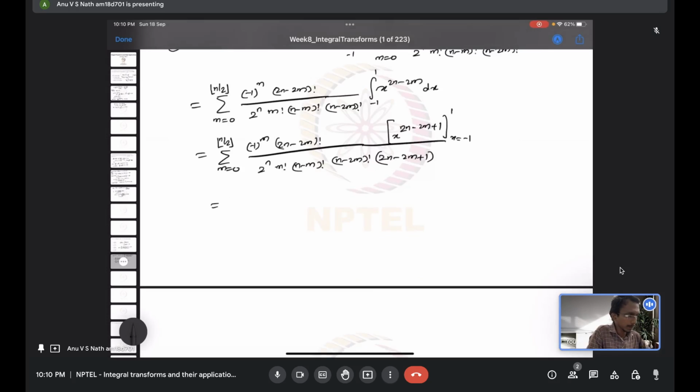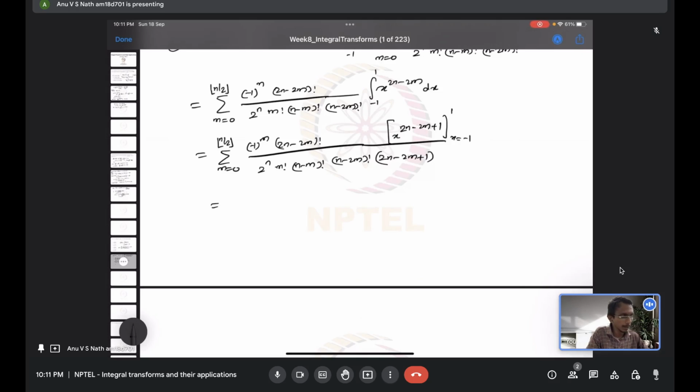Now if you see, n is some integer, m is also some integer. So 2n is an even integer, 2m is also an even integer. And the difference between even numbers will be another even number, right? So 2n minus 2m will always be an even number. And you are adding 1 to that, so that will be an odd number. So the power of x in that expression is always odd.